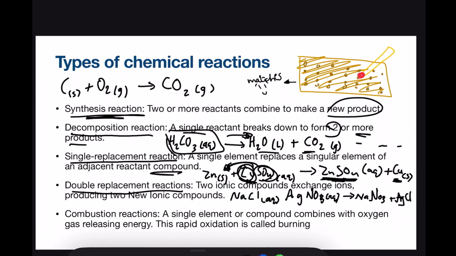So we just exchanged them. We exchanged the Ag and the Na. Here, Na is with the NO3 and the Ag is with the Cl.